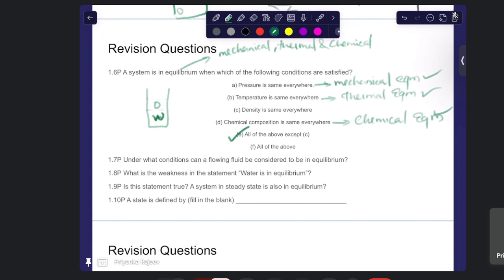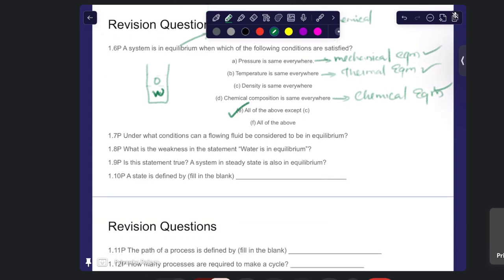Like once you're pouring, then obviously there will be oil coming up, water going down. Those movements will be there. Given up some point of time, the density change is not going to create any problem over there. So density same everywhere need not be the necessary condition for thermodynamic equilibrium. So it's option C.